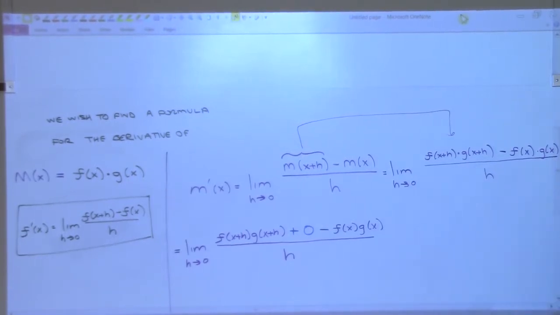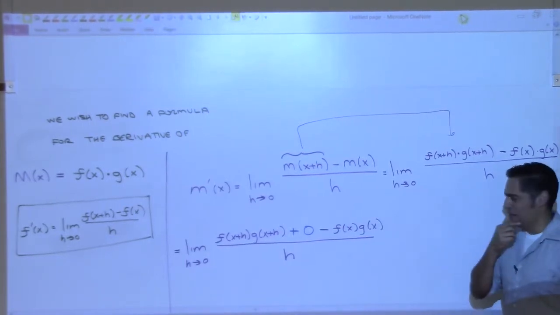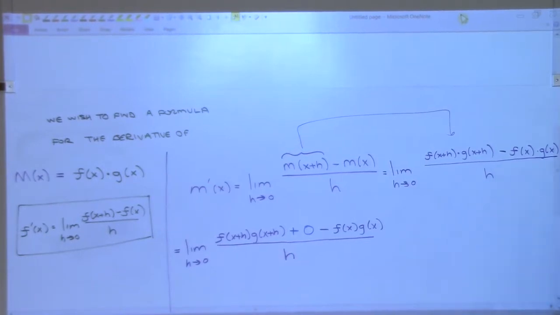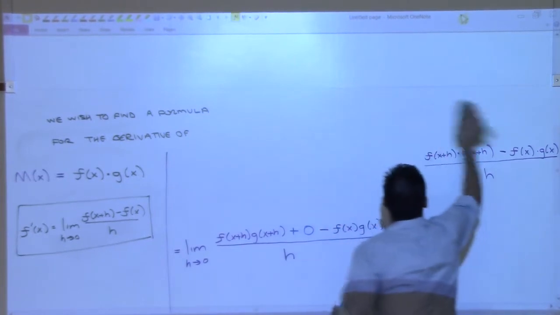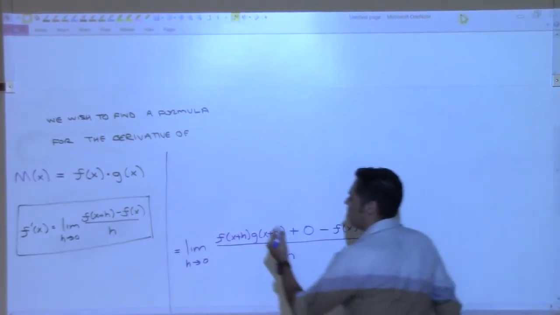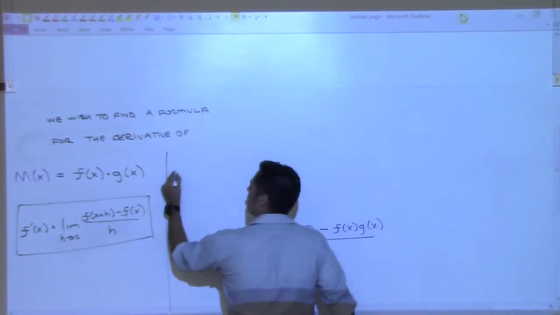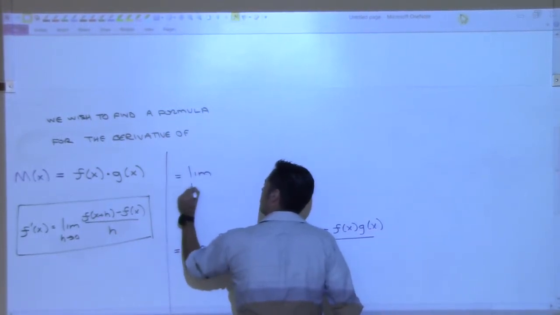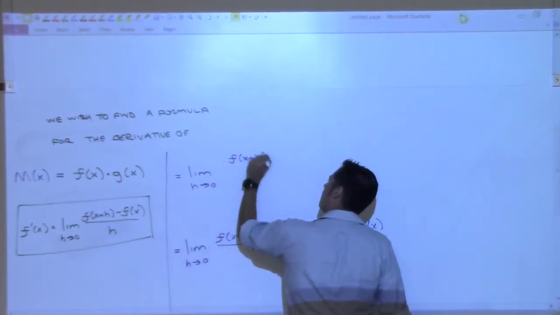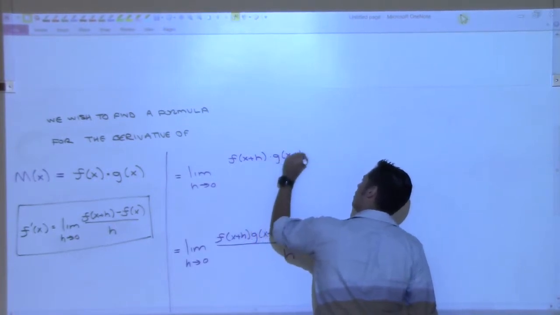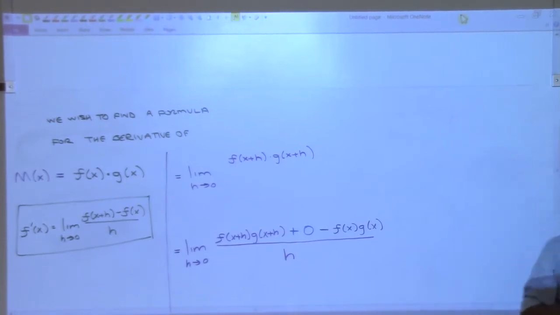Okay. Now, you might be going like, why in the world would you do that? What are you doing? All right, so just watch what I do and then we'll talk about why. So now I'm going to write this is equal to the limit as h goes to 0 of f of x plus h times g of x plus h. And then here comes, I'm going to write that plus 0 again. All right, you ready for my plus 0?